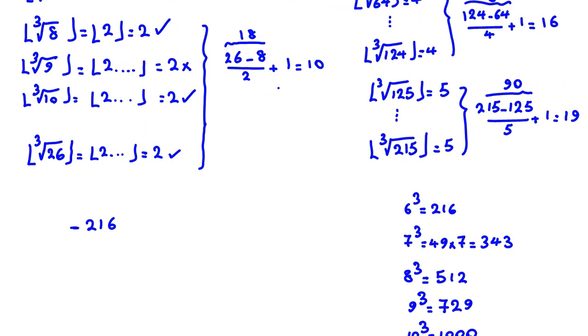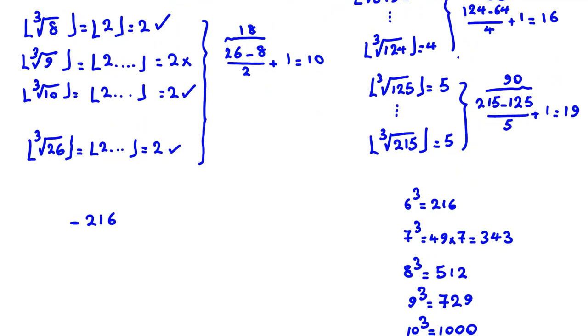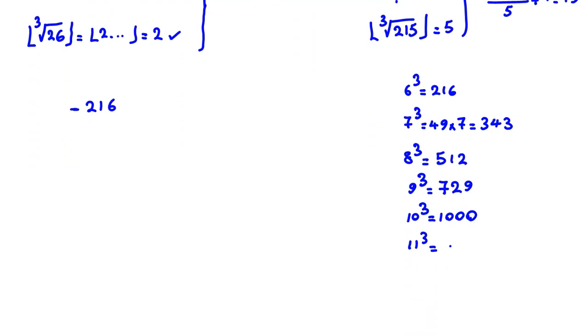Okay, 11 cubed is 1331. And 12 cubed is 1728. And 13 cubed is 2197. So up to this part is needed.